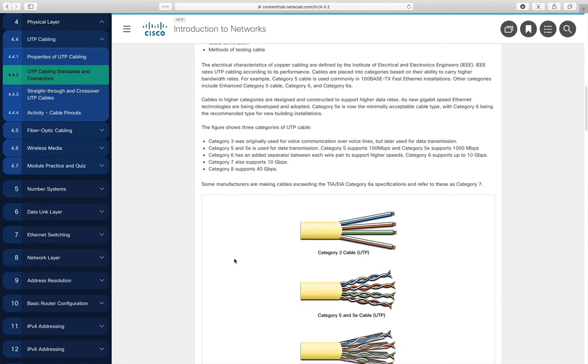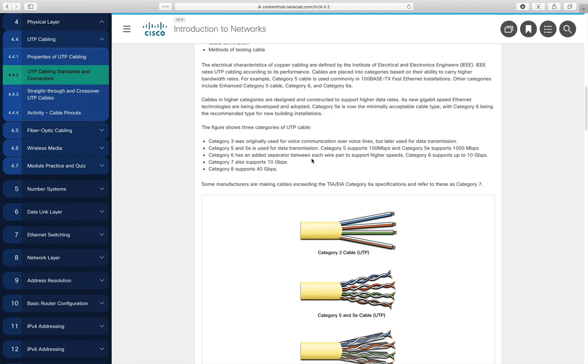I mentioned categories of cable. I just said Cat 3, but it's a shortening of Category 3. So Cat 3 was originally for telephones, and they started transmitting data over those. As the speed increased, we came out with Cat 5 and later Cat 5e, for a 100 megabit connection, and with 5e, gigabit or 1000 megabit per second transmission.